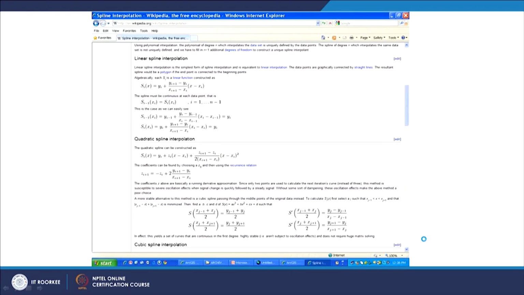Now, if one would like to learn the mathematics behind all these methods and their variants, all that is available in standard software or elsewhere in the literature. For example, if I choose linear spline interpolation, then this is the mathematics involved.